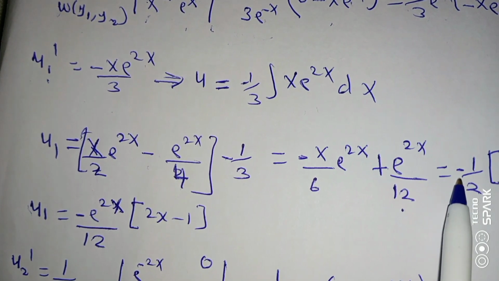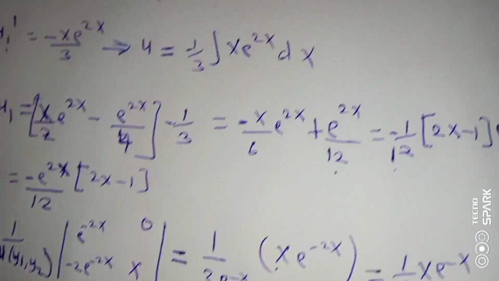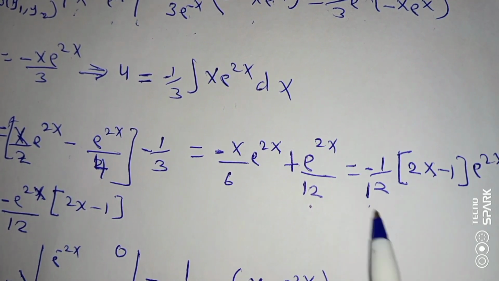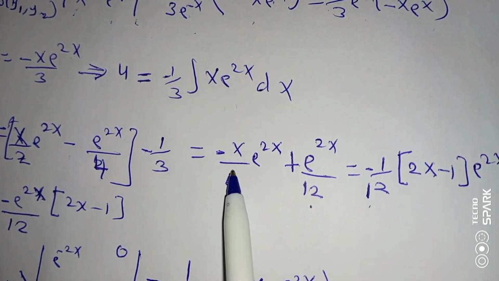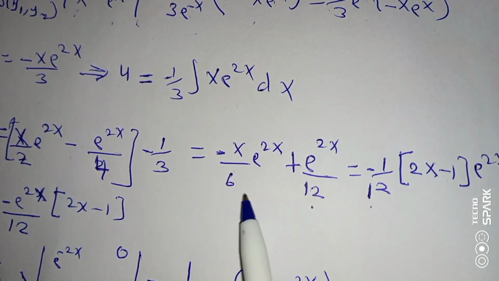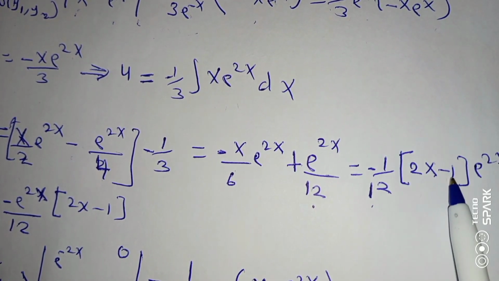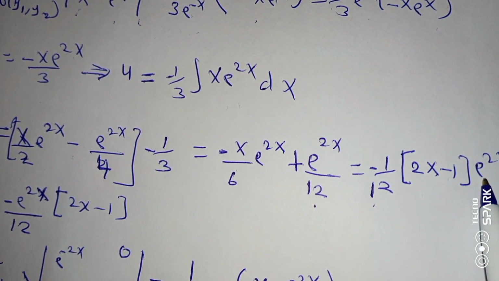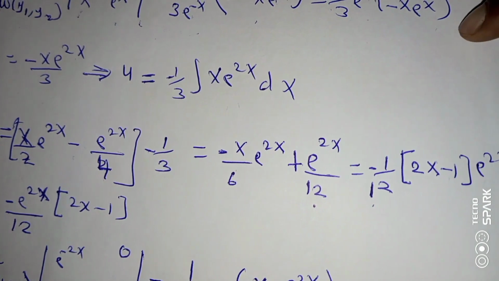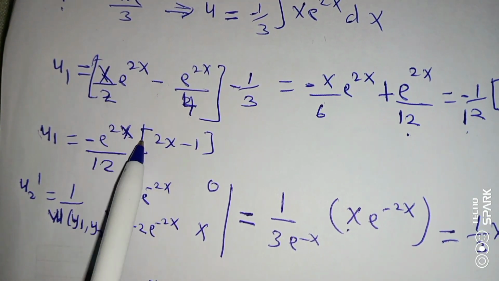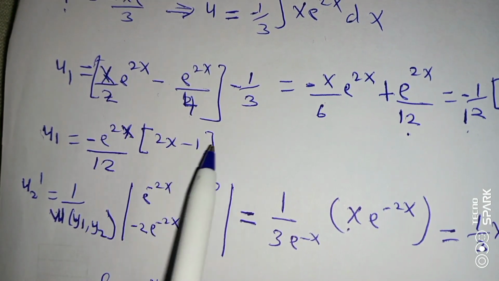We can factor negative 1 over 12 outside, so that when we remove the bracket, we will have negative x over 6, and here we will have negative 1. And we also factor exponential 2x outside to obtain that one. So our u1 is negative exponential 2x over 12 into bracket 2x minus 1.